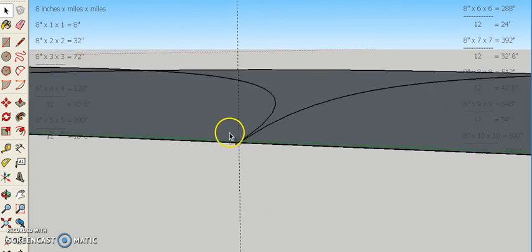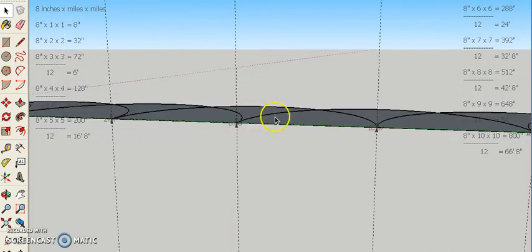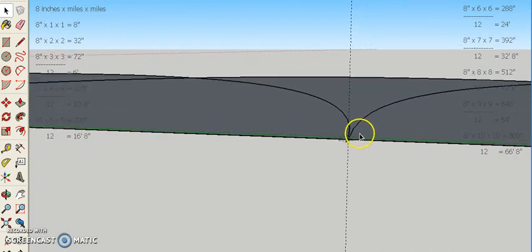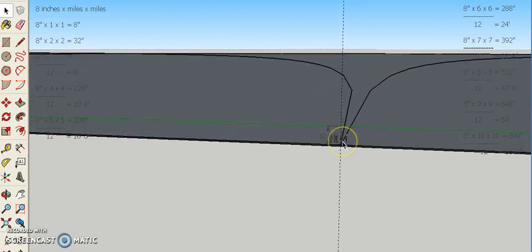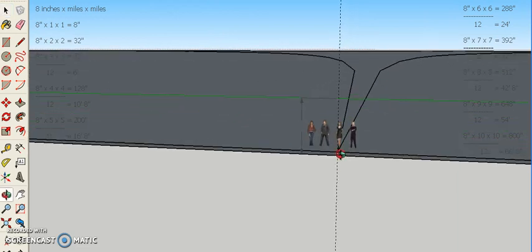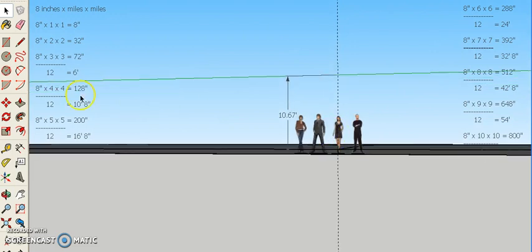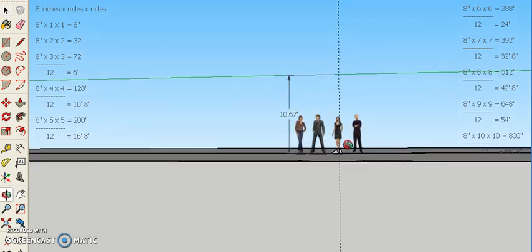Now at 4 miles, from the plane of the 0 point, there is a 10 foot 8 inch drop. 4 times 8 times 4 is 128. Divided by 12 inches is 10 foot 8 inches. And we see it there.